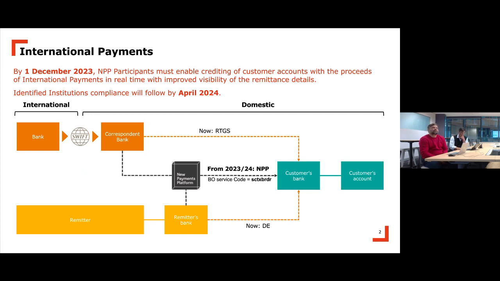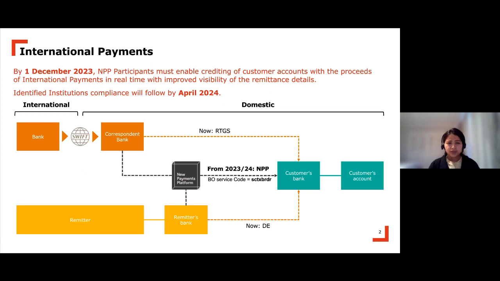From the international payments perspective, SWIFT is one of the channels where we get the international message in the form of MT103 or CBPR plus, which when it comes to the Australian FI or the correspondent bank, gets settled right now via RTGS into the creditor's customer account. But with the IFT coming into the picture, the last leg will be settled via NPP with the introduction of a new BO service code, which is SCTX BRDR.